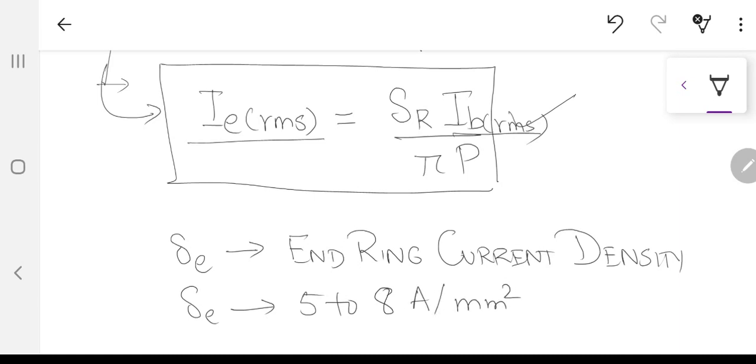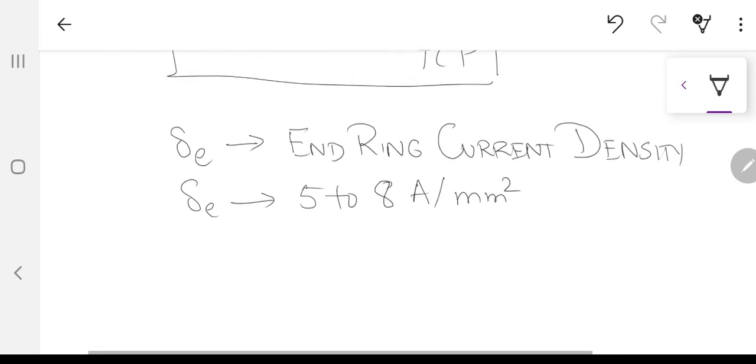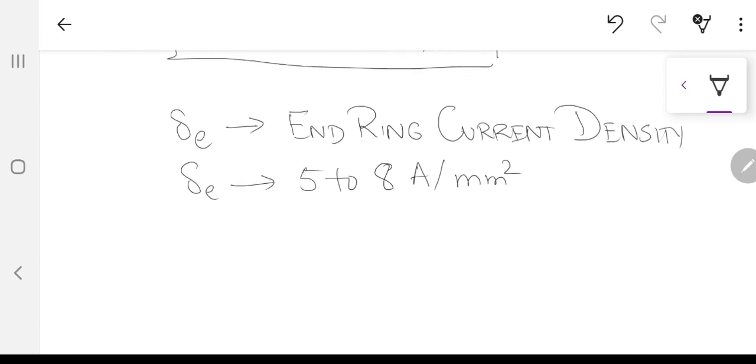Now this is a little higher than the bar currents. Why? Because these are the end rings, so they have more access to the airflow and can be cooled down more easily. If you remember the previous one, it had a range of 4 to 7. This one has a range of 5 to 8 because they are on the outside end of the cage and can be cooled easily. So delta E can be changed from 5 to 8. It's totally up to you how you want to do it.